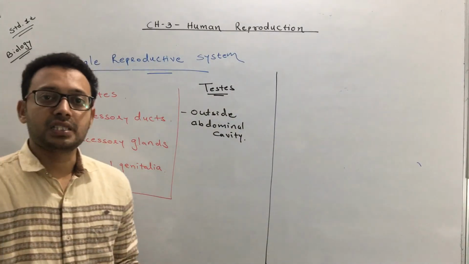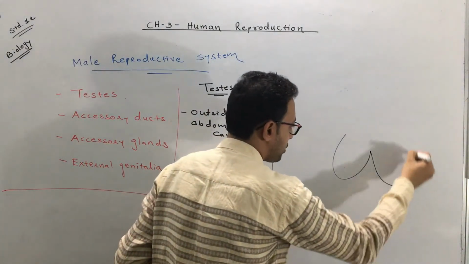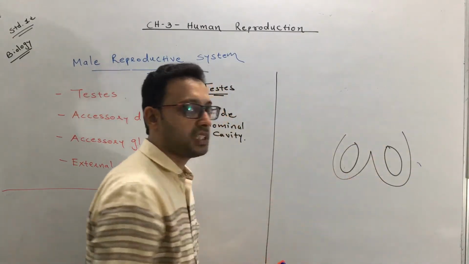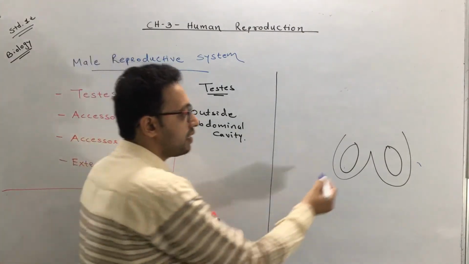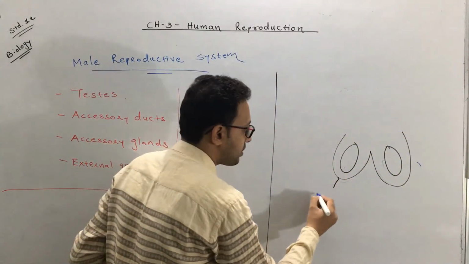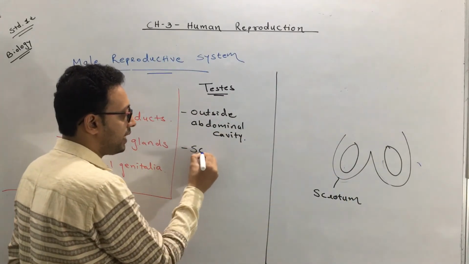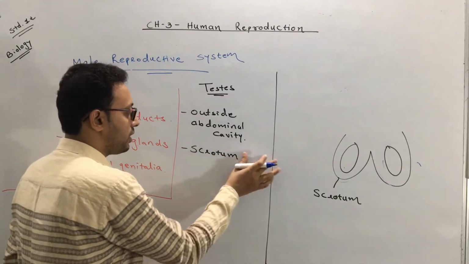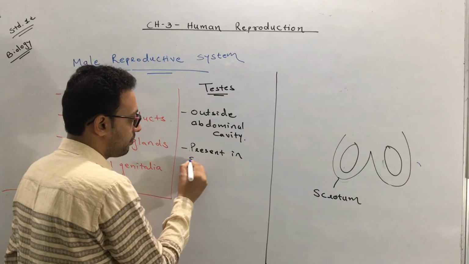They are present in a pouch-like structure. You can see the pouch-like structure where the testes are present, outside the abdominal cavity in the pelvic region. So the testes are surrounded by a pouch-like structure, which is called the scrotum. Clear? The scrotum is their location.